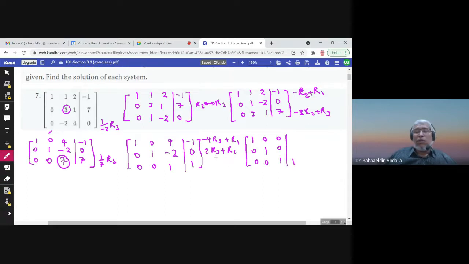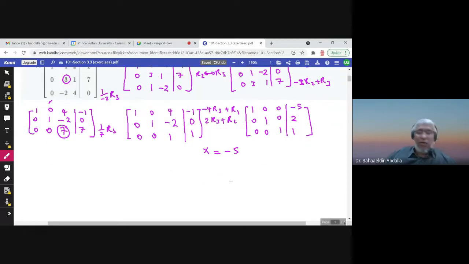Row 3 is not changing. 2 plus 0 is 2. -4 plus -1 is -5. So x is -5, y is 2, and z is 1.